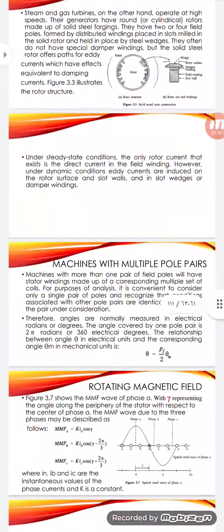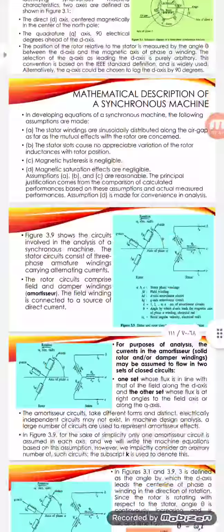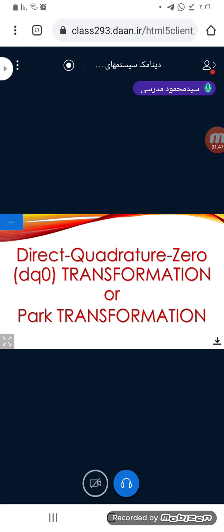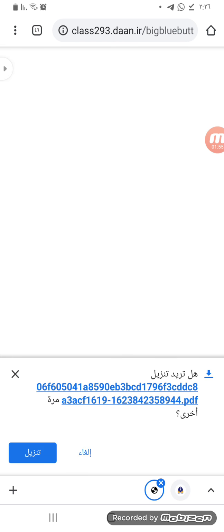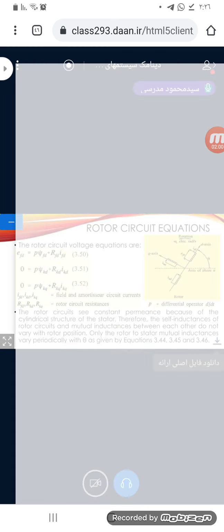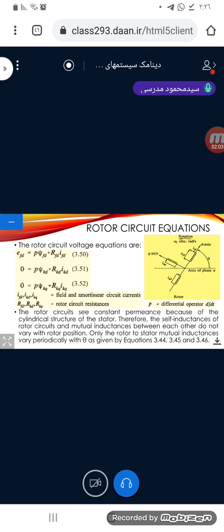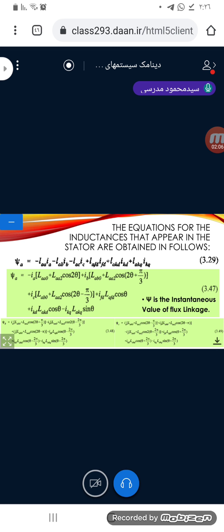Okay, so until the direct quadrature zero, DQ0 transformation. I think we sent to you until this slide. Maybe this slide, I think. But if you know, please tell me.